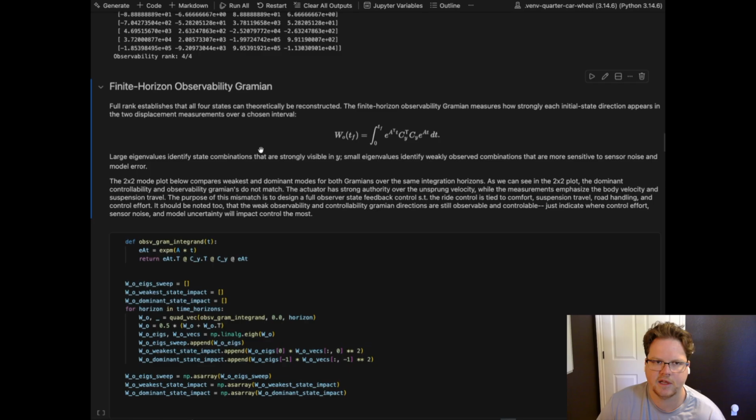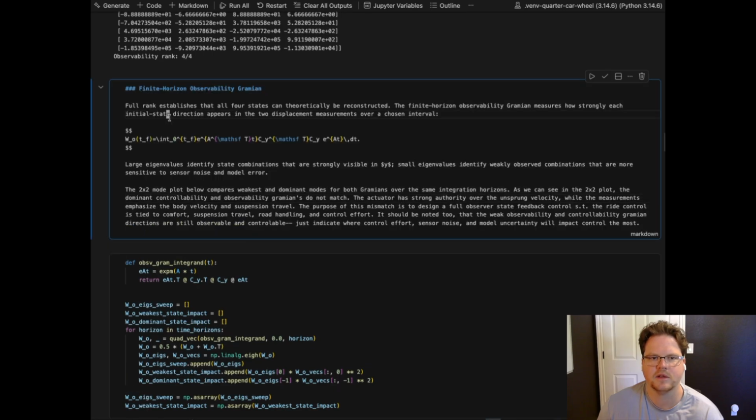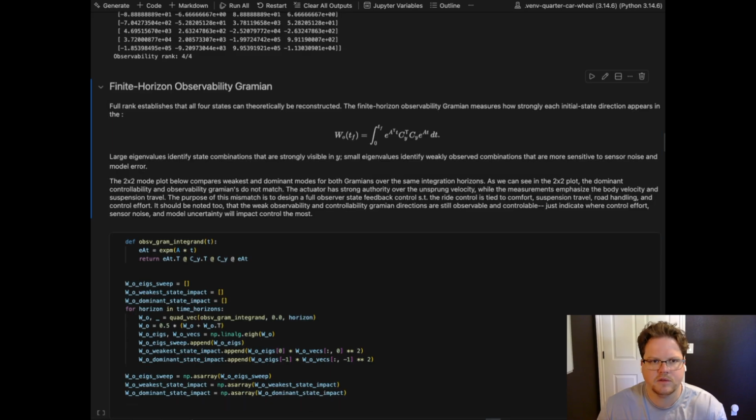In the finite time observability Gramian, similar to the controllability Gramian, we're asking how strongly each initial state direction appears in the two displacement measurements. I apologize, I copied this from the previous part.